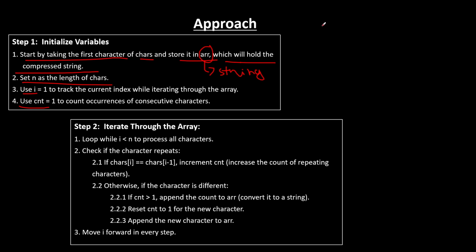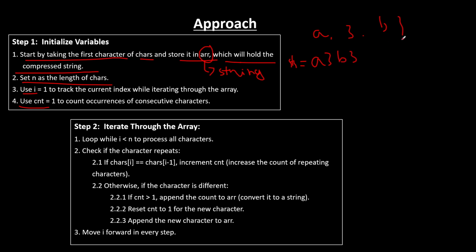Now, when we are counting the characters, we know that we are at A right now, right? And the count is 3. In the string, we will place A and 3. Okay. Then we have B and the count of B is 3. We'll just place B here and 3 again.